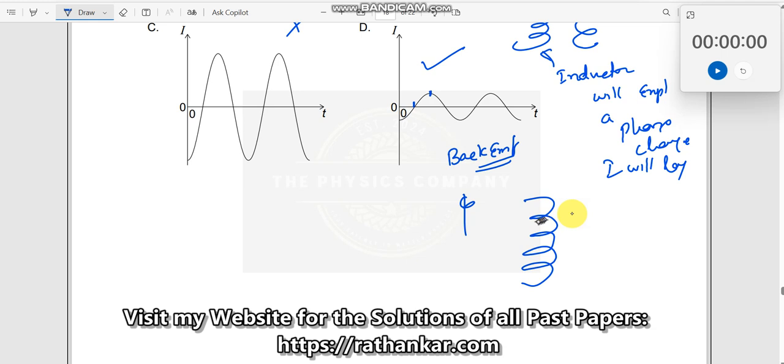When current passes through the second coil after passing through the first coil, this coil will produce an induced EMF and a magnetic field like this, which the first coil does not like because it has been newly produced. So it tries to oppose it. Thus a back EMF is produced, and as a result, the current will lag behind the voltage. This is the reason behind it.